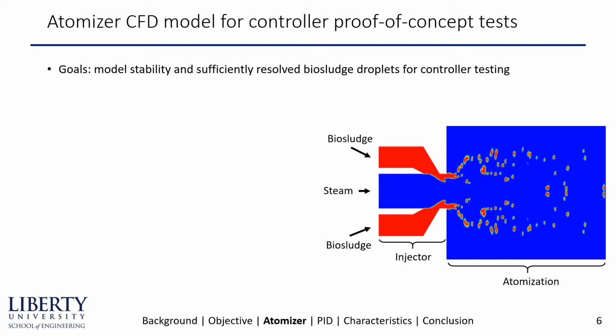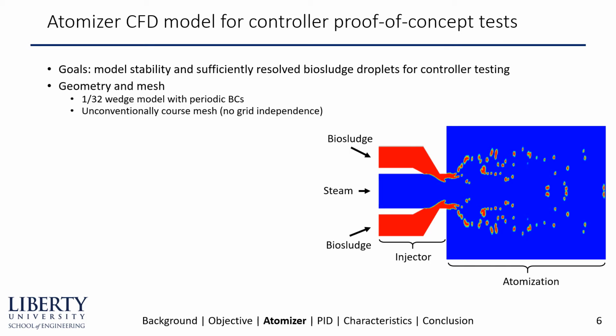And our settings for this CFD model are largely based off of my advisor's many years of experience with CFD atomizer models. So we use a 1/32nd wedge model with periodic boundary conditions and an unconventionally coarse mesh with no grid independence, again, for a proof of concept.